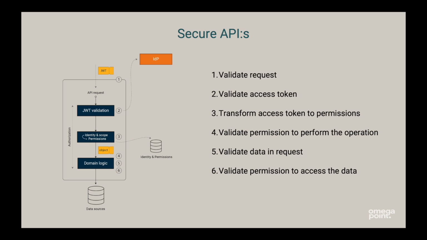So now we know that the request is authorized to perform the operation, but we have one more thing to validate before we try to reach any business data. That's right. And in step 5, the next thing is to validate that the data in the request is correct. For example, an ID value can be limited to a well-defined alphabet and not allowed to be an arbitrary string of unlimited size.